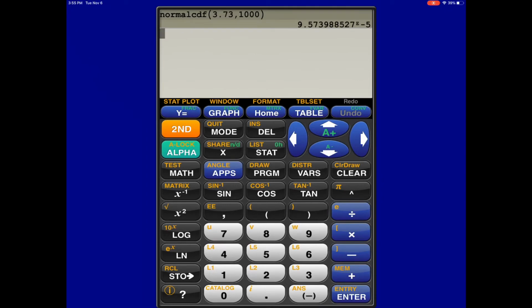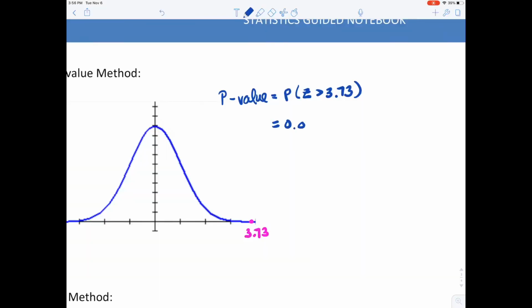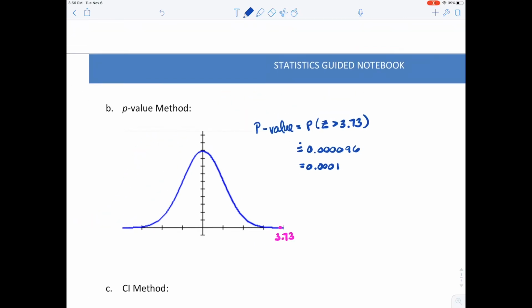So look how little that number is. Or, you know, if you're doing it to 4 digits, you would have 0.0001.